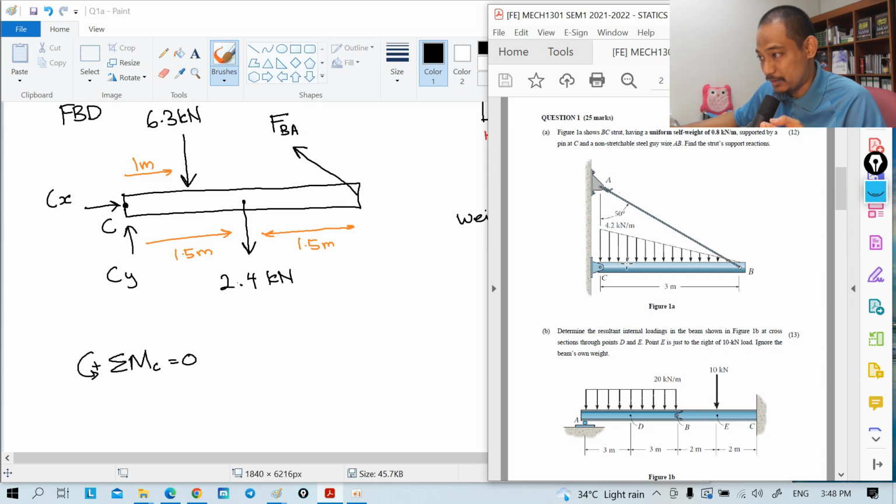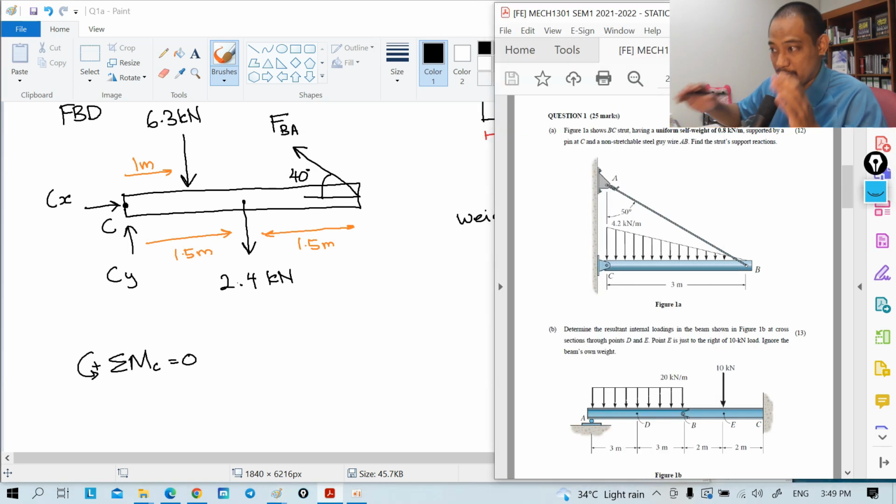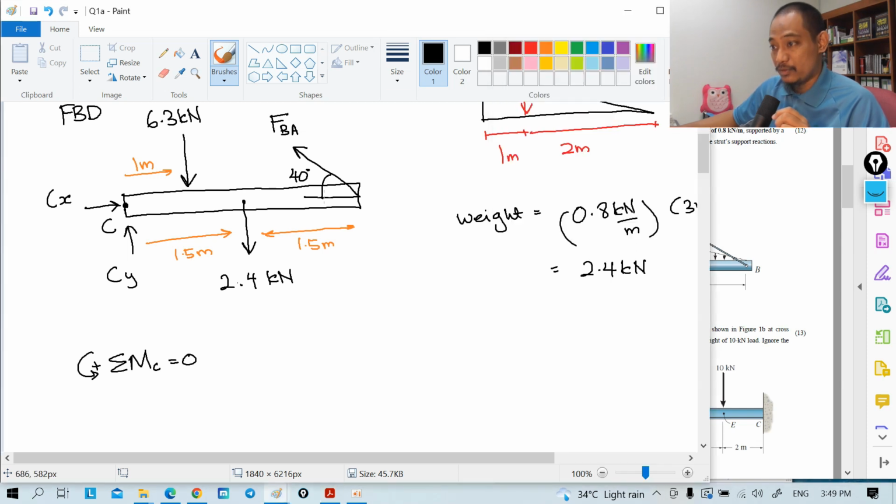We have this triangle where this is 50 degrees, meaning this one will be 40 degrees, because the internal angle of a triangle is 180 and this is 90 here. So the remaining 90 minus 50 becomes 40. That's the complete free body diagram.